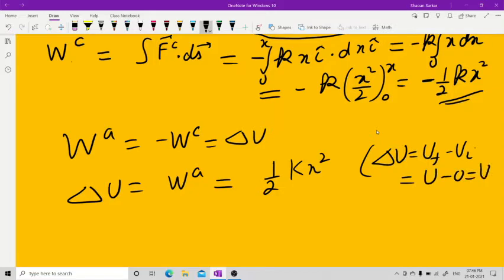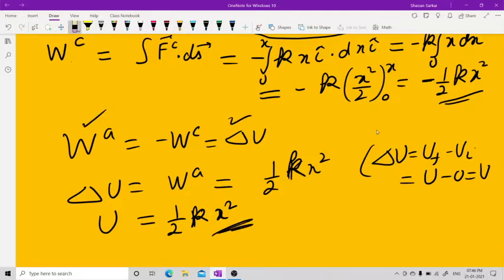So this gives me U, my spring potential energy, which is quantified: half k x square, small k. I used this equation and this equation to get this answer.